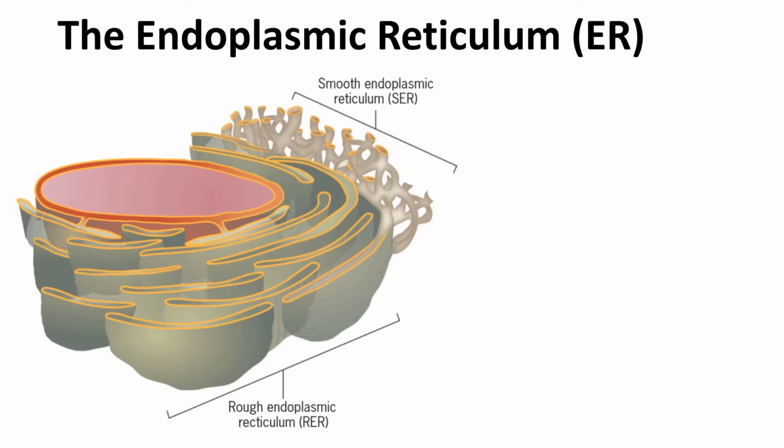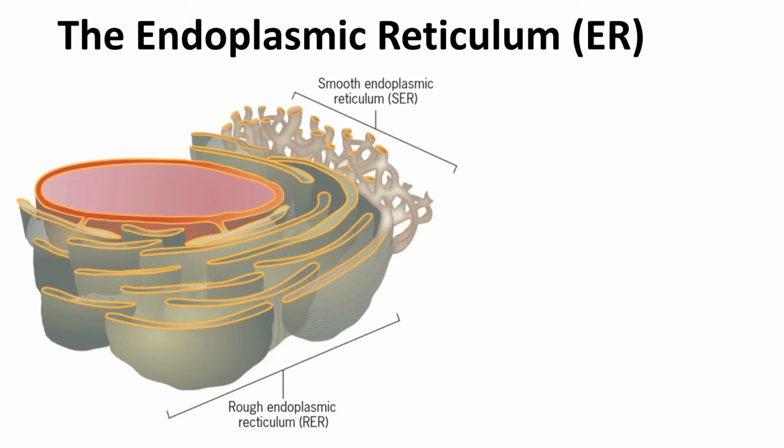First we have the rough endoplasmic reticulum, which appears rough because of the presence of ribosomes on their outer membrane surface, and the smooth endoplasmic reticulum because they lack ribosomes.